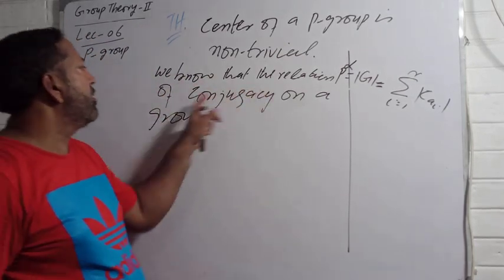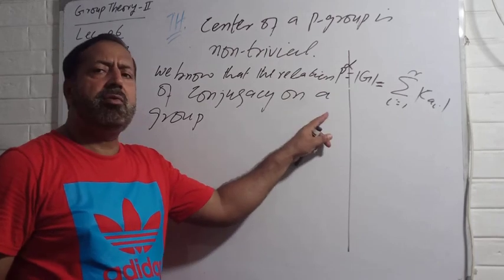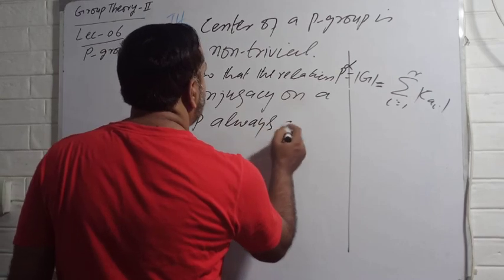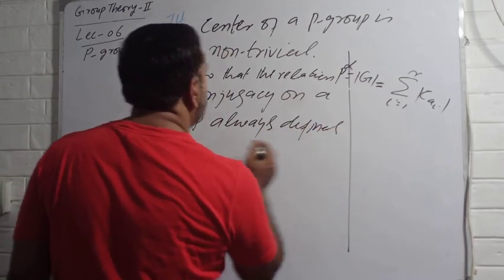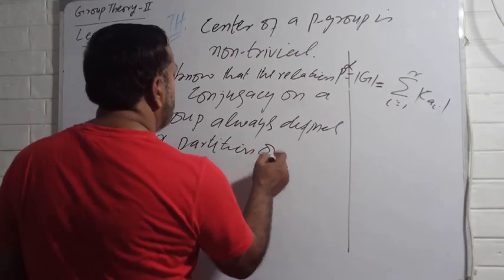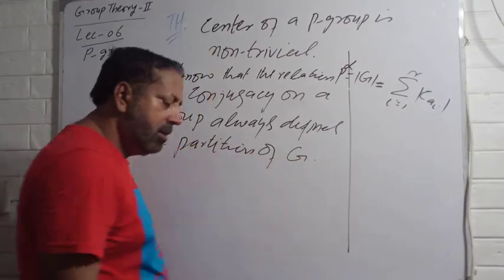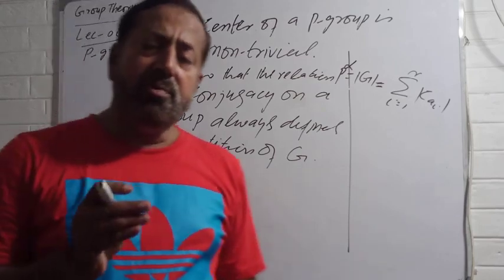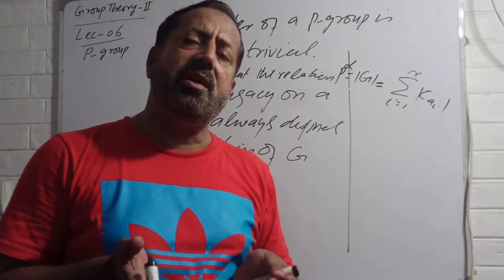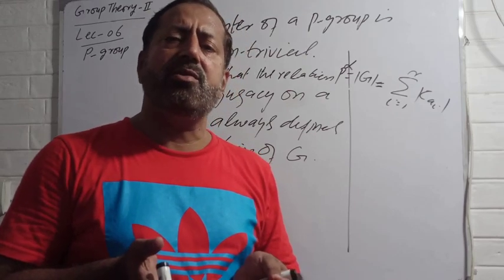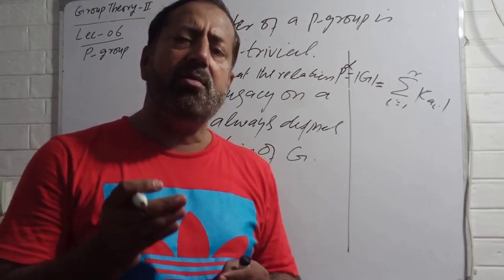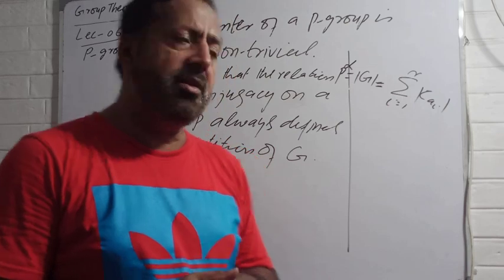We know that the relation of conjugacy on a group G always defines a partition of G. So you must have such classes whose union is the entire group G, with no intersection between them.